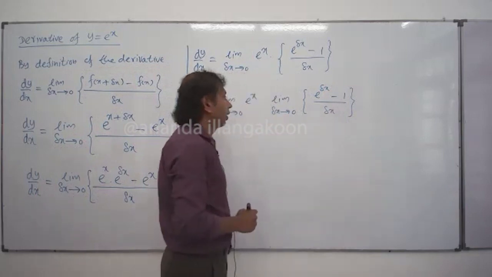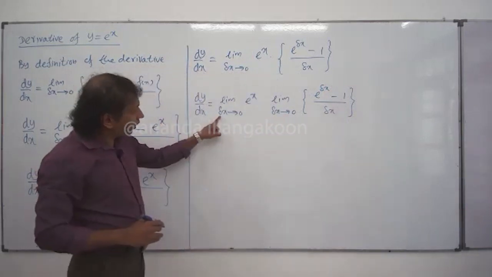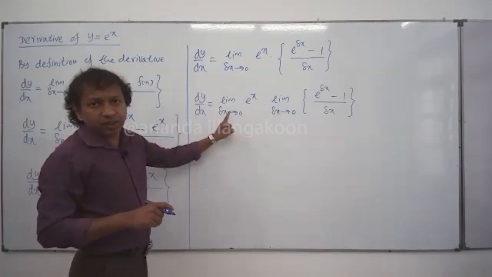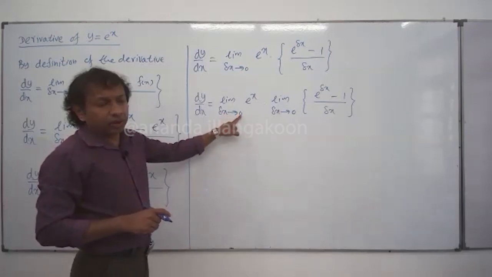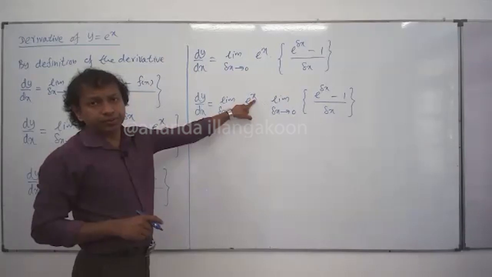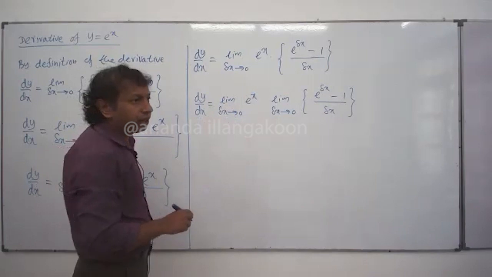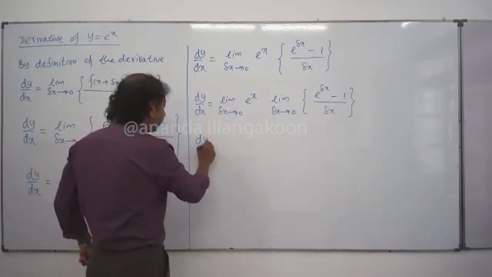But people, remember the first lesson we discussed: though delta x is going to 0, the x doesn't change. Therefore e^x doesn't change, and that same e^x we get here too.